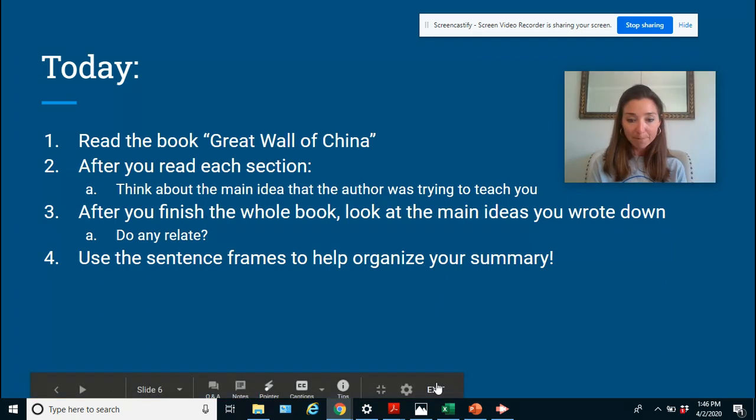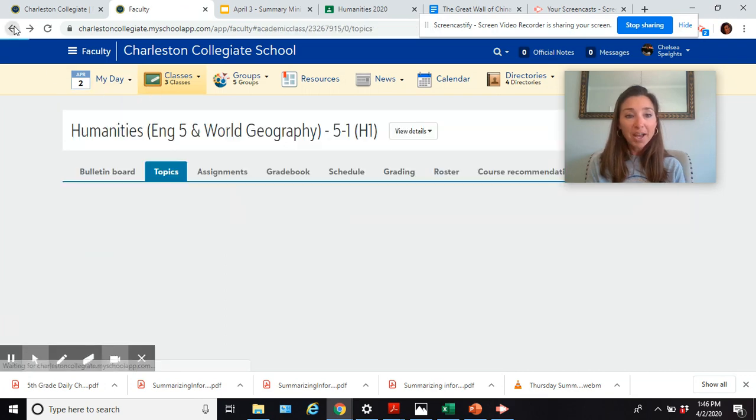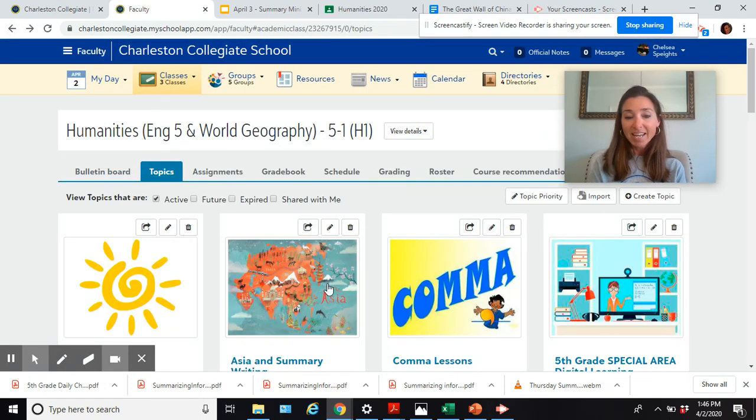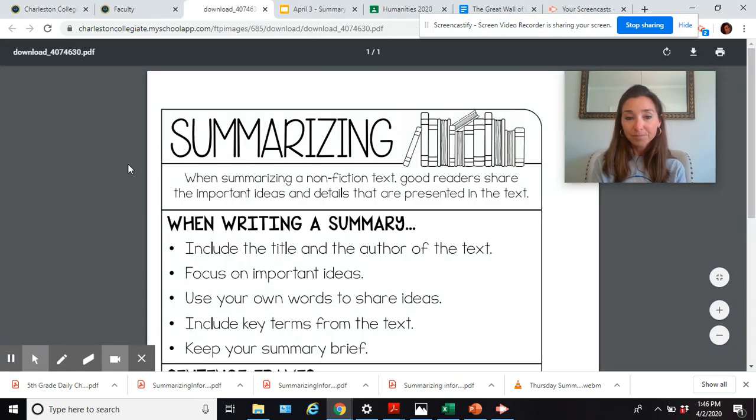So, for example, let me get out of this for a second. If you go into your topics in Asia and summary writing, here's Friday, Great Wall of China, the article that you're going to read, or the book you're going to read today. And then right here where it says summary sentence starters, if you click on that, it gives you some helpful hints of what to do.